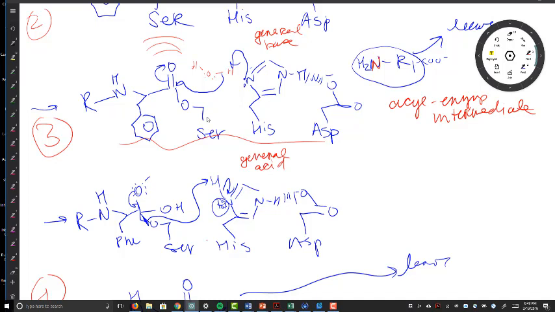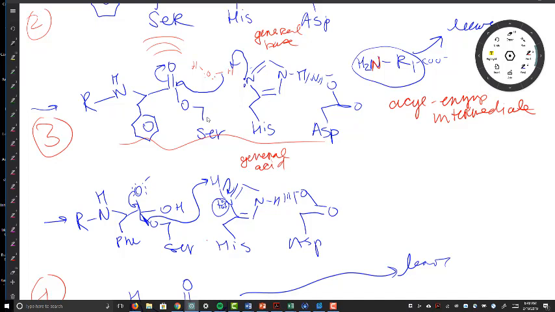And again, that's why we talked about pKa's and we drew them and memorized them, because we want to know if and when amino acids are protonated, because that can determine what their job is. So, if a general base is abstracting a proton, what's a general acid going to do?